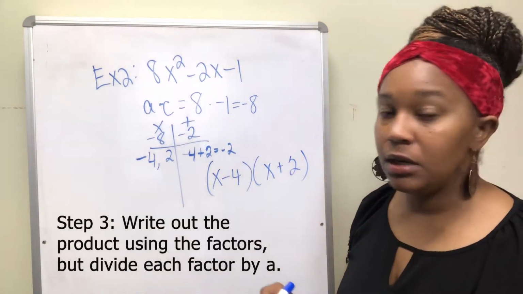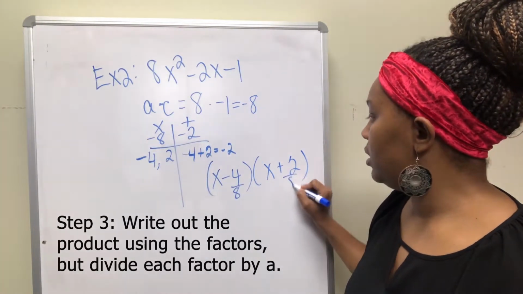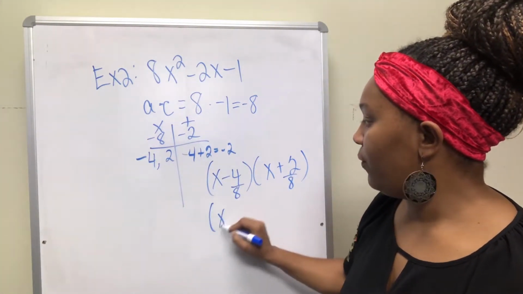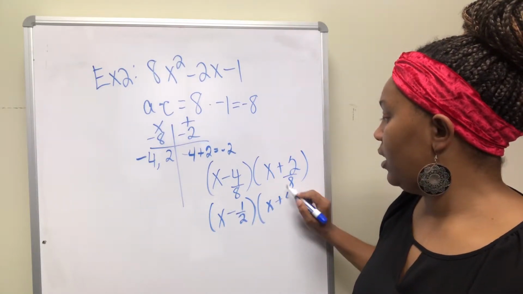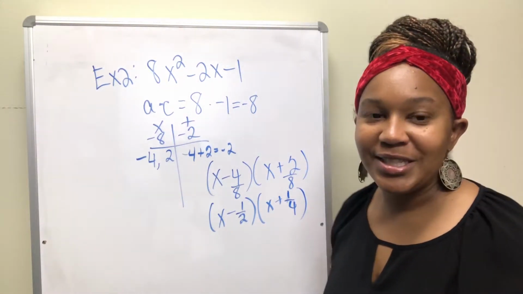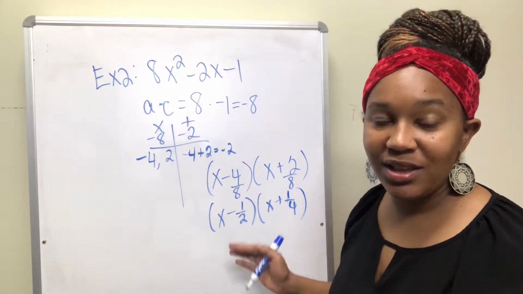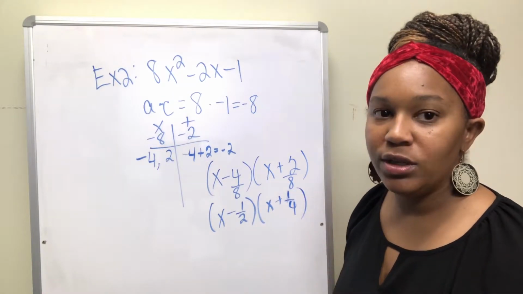But since there is a leading coefficient, 8, you have to divide each of these by 8. Now reduce that. 4 over 8 is 1/2, and 2 over 8 is 1/4. If you're going on to solve a quadratic equation, you can leave it like that and just finish solving by setting each of those parentheses equal to 0.